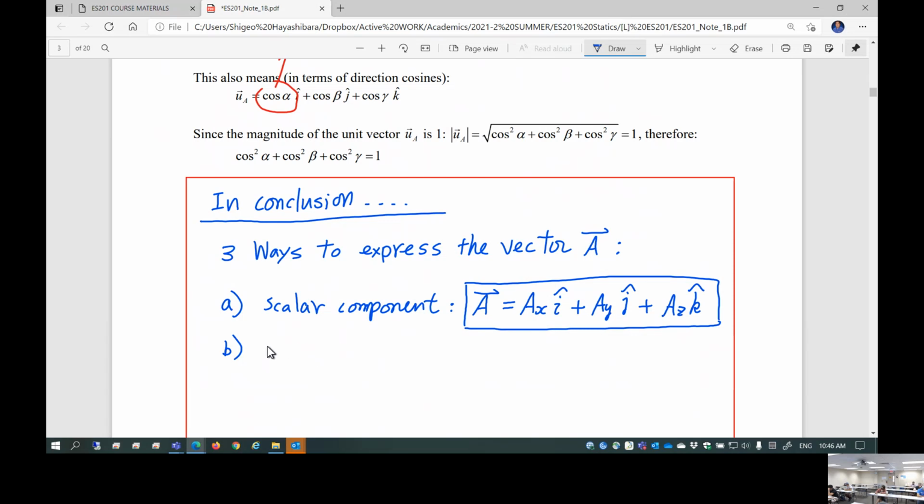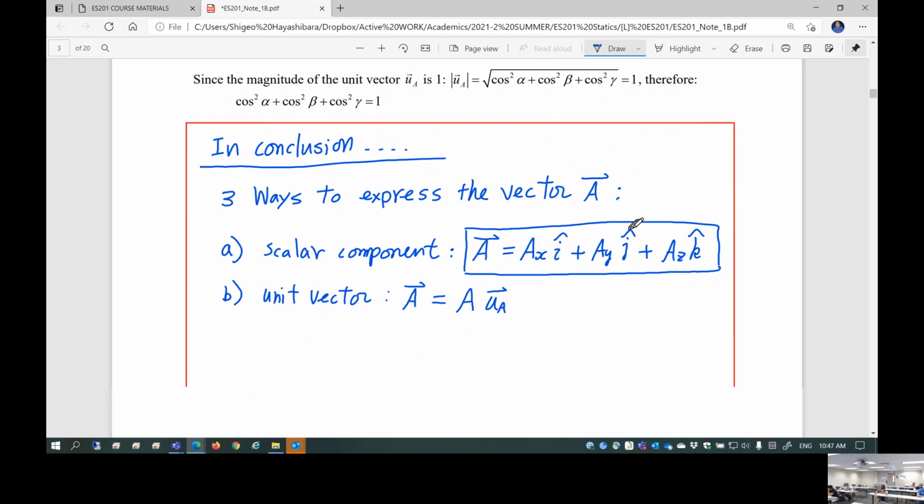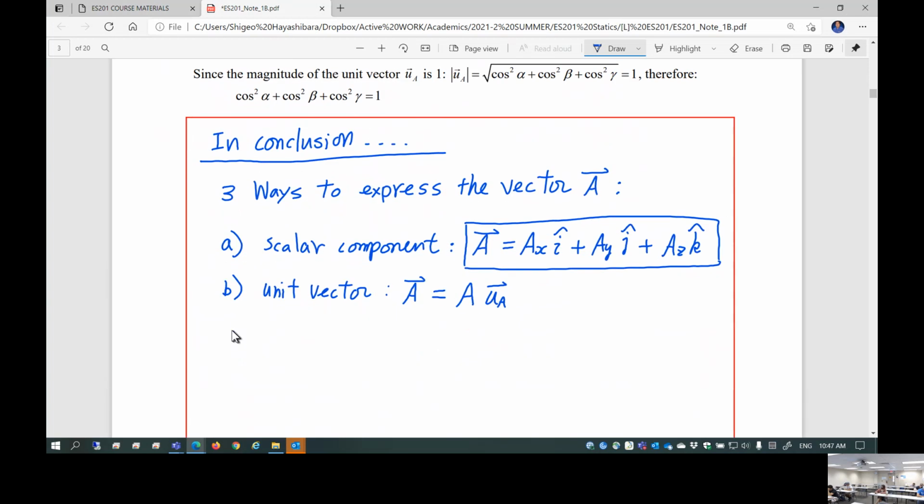B, using the unit vector. Using the unit vector in the direction of vector A, you can say vector A is A multiplied by the unit vector UA. This is another way of expressing the vector A. The third way is direction cosines.